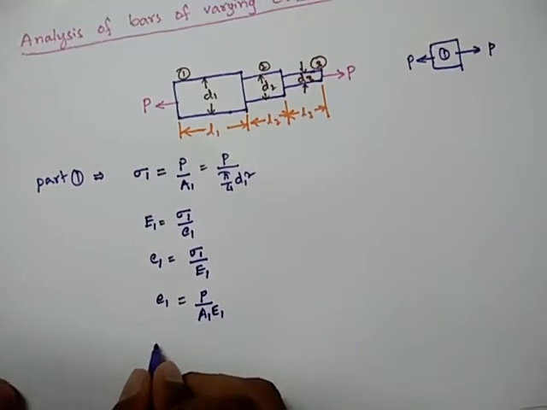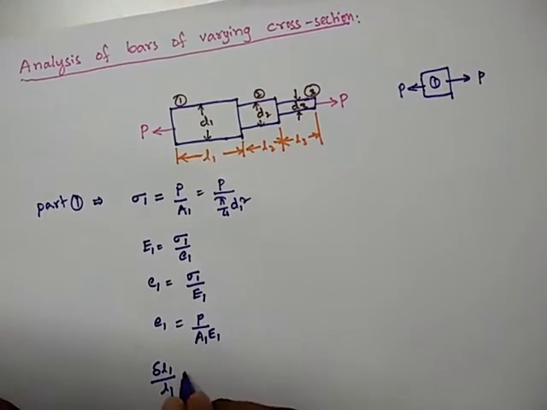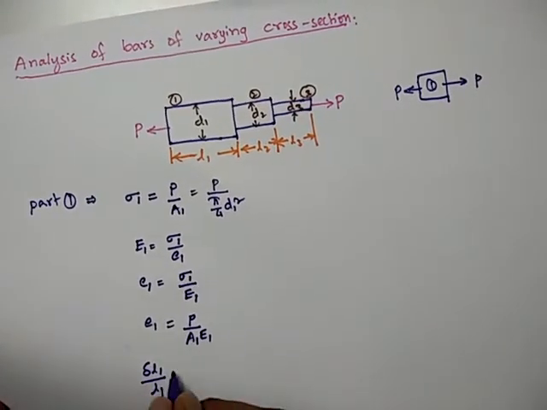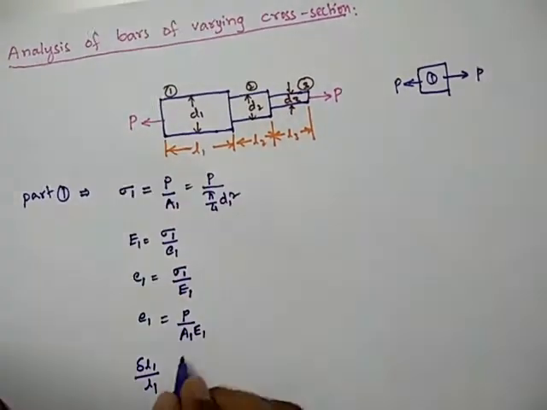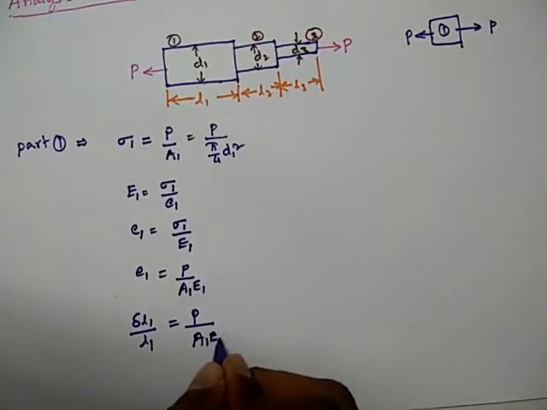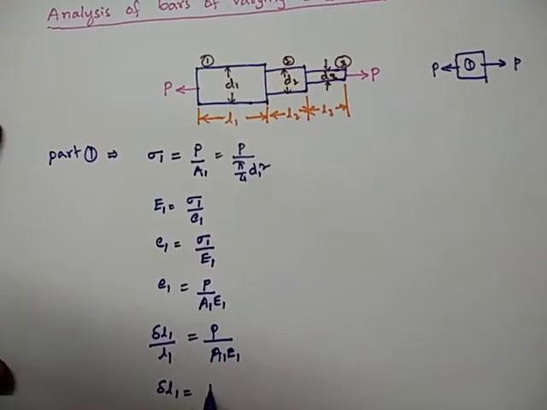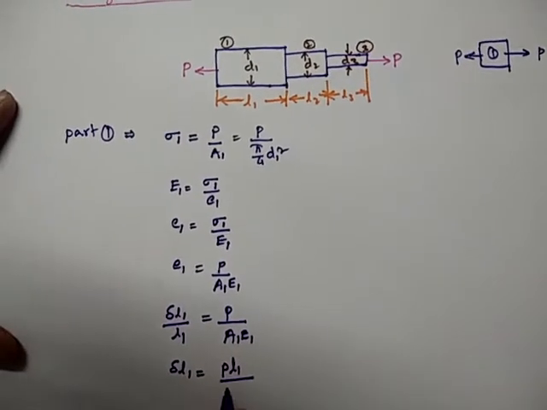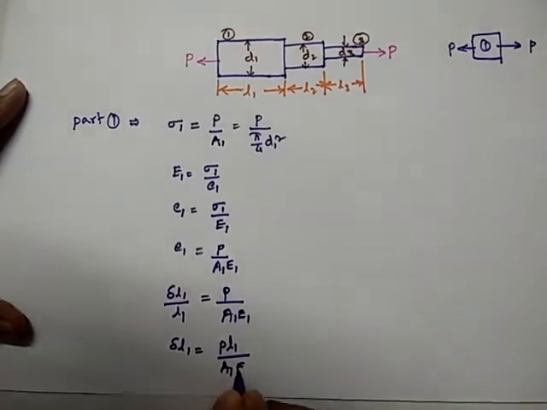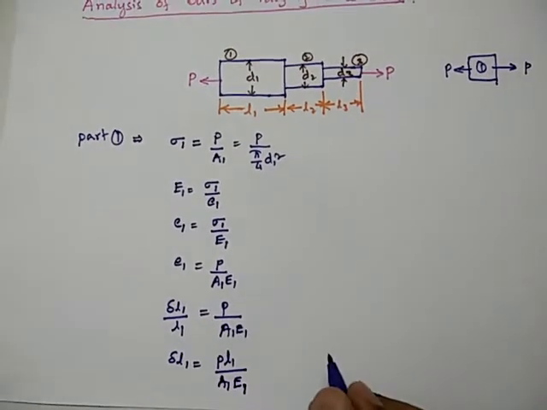You know that strain is change in dimension by original dimension, that is change in part 1 by original length of part 1, L1. So delta L1 will become P into L1 by A1 into E1. So this is the elongation in part 1.